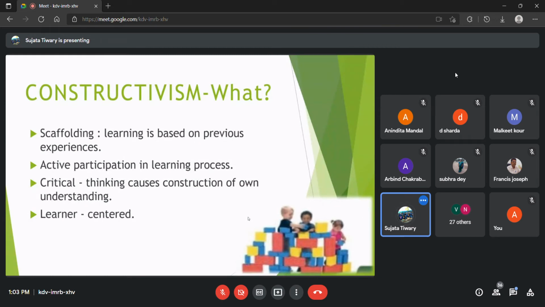It is the active participation of the learners in the learning process. It encourages critical thinking that causes construction of their own understanding. And of course, this is learner-centered.